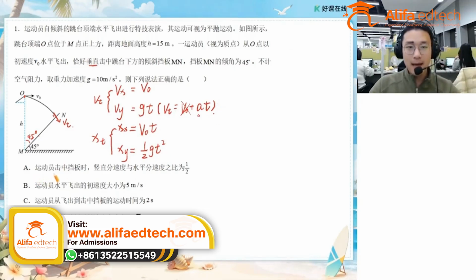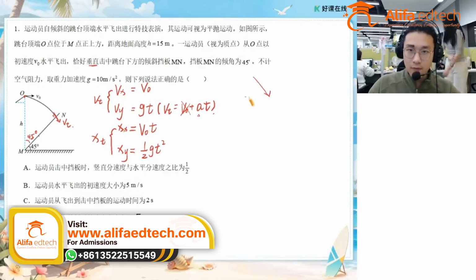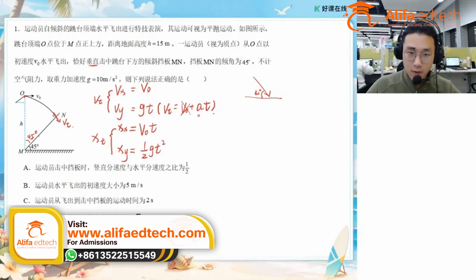When the athlete hits the baffle, is the ratio of the vertical velocity component to the horizontal velocity component 1/2? We just said that its velocity vt at this moment makes a 45-degree angle with the horizontal direction, so we need to perform an orthogonal decomposition on it.